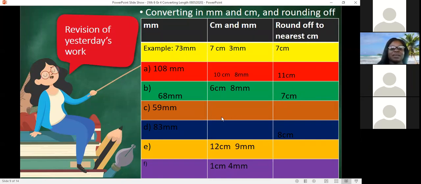And then let's look at number C. I want you guys to move with us. Listen as I'm giving the answer, and then you move in with me. Number C, 59 millimeters. How many centimeters are they and how many millimeters? Zinzi said 5 centimeters, 9 millimeters, and Rarak said 5 centimeters and 9 millimeters.